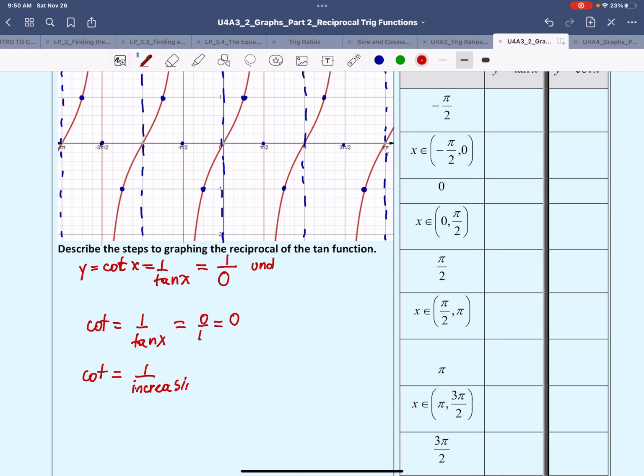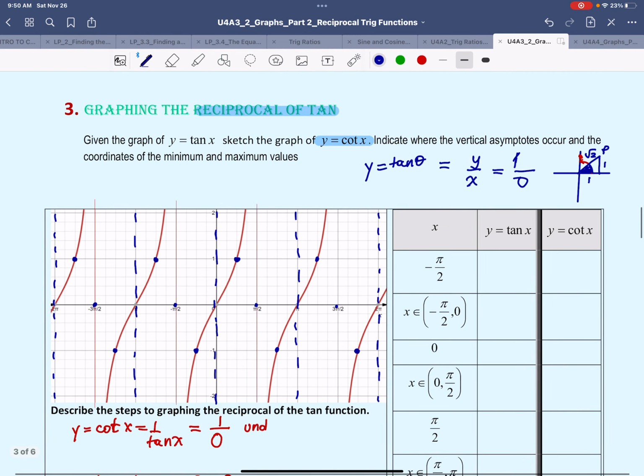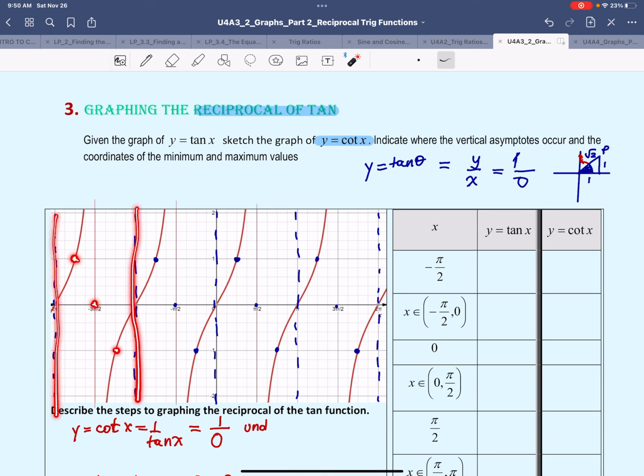And we know that the reciprocal of an increasing value will produce a decreasing value, which means that cotan will be decreasing throughout its domain.